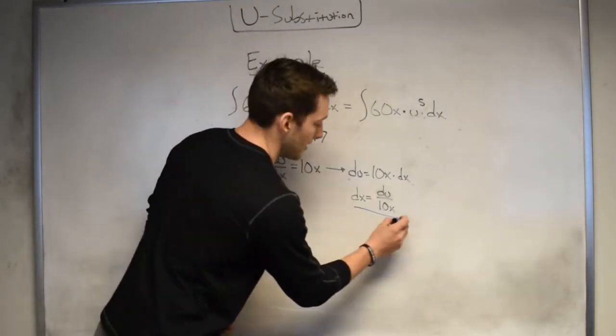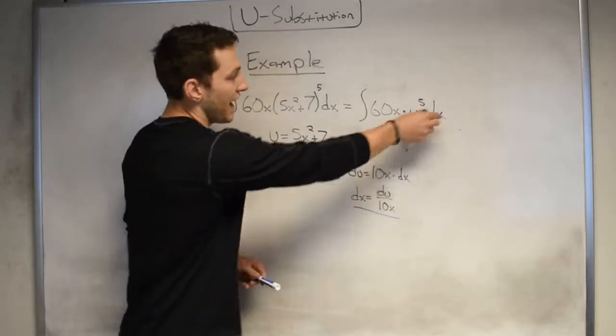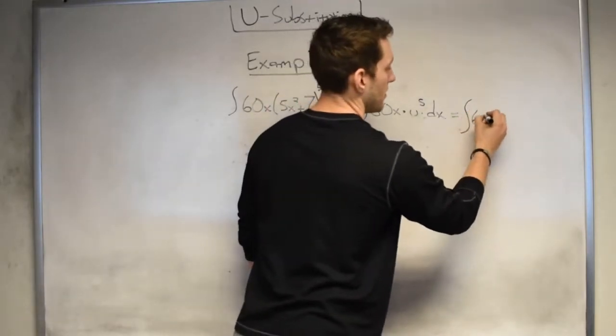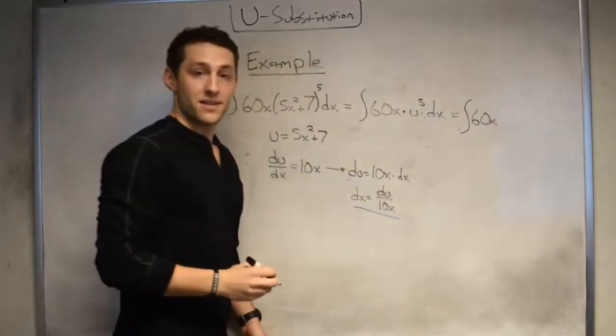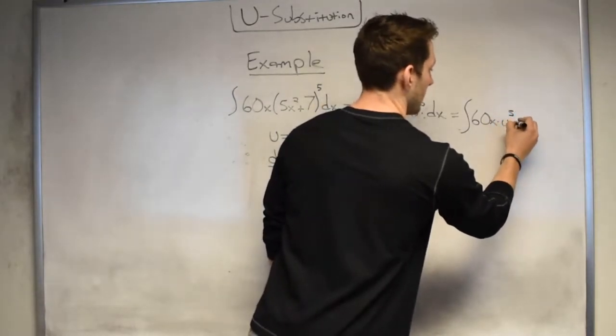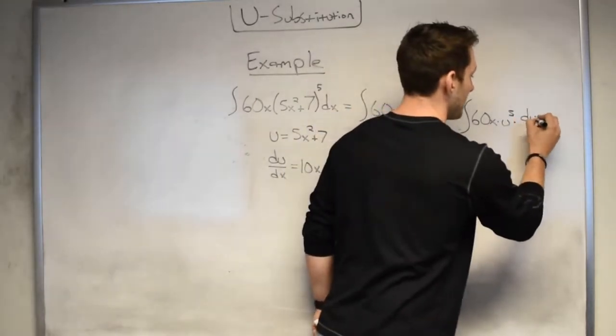I can plug this in for dx up here. So plugging that in for dx gives me 60x times u to the 5th times, subbing in for dx now, du divided by 10x.